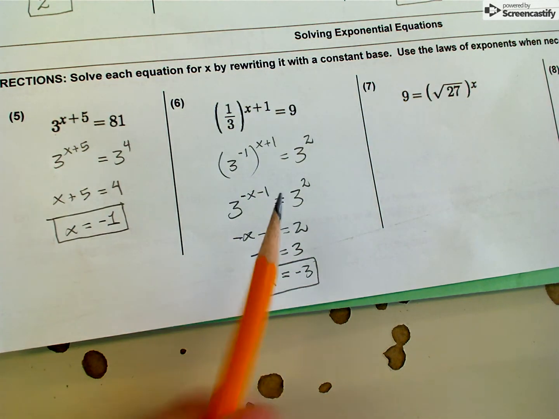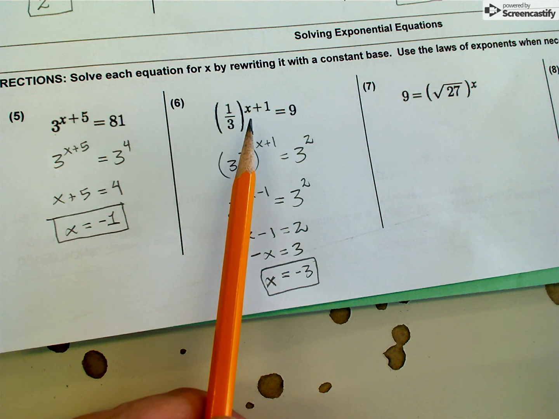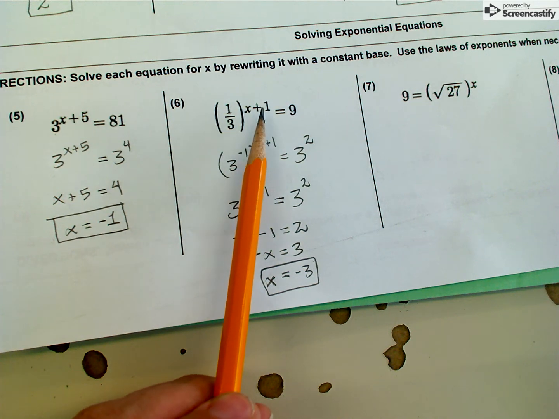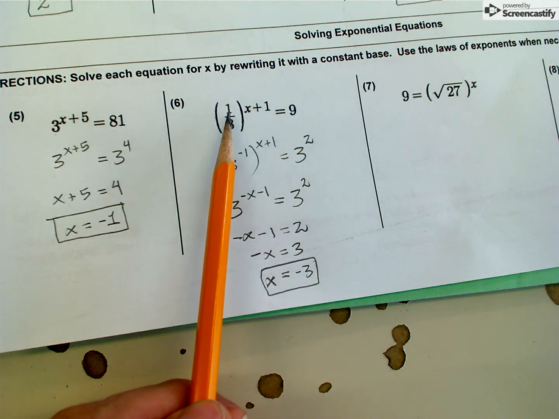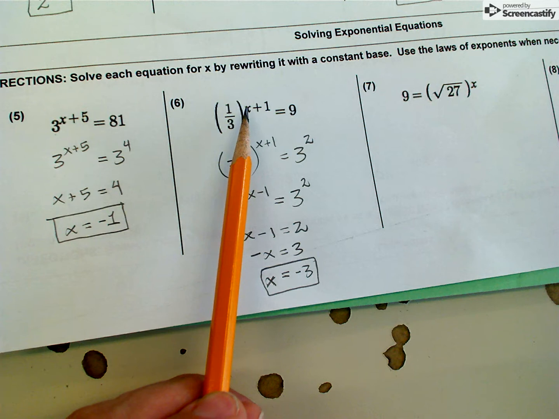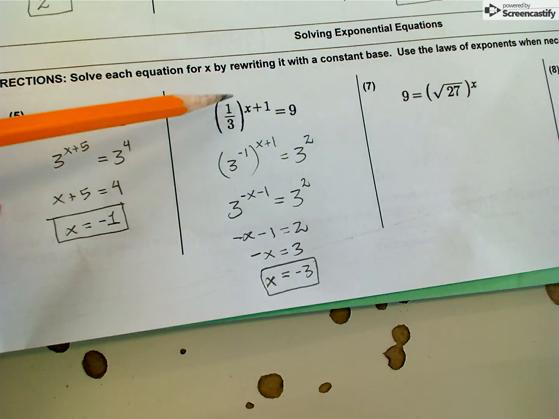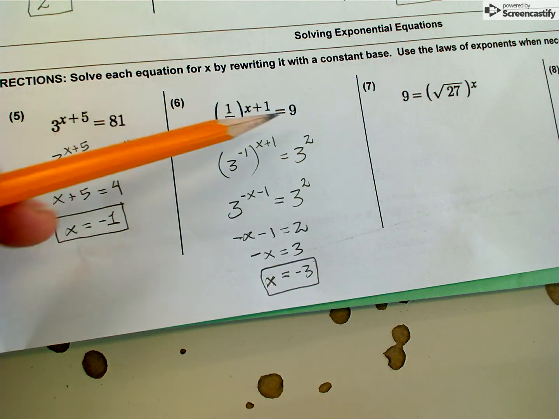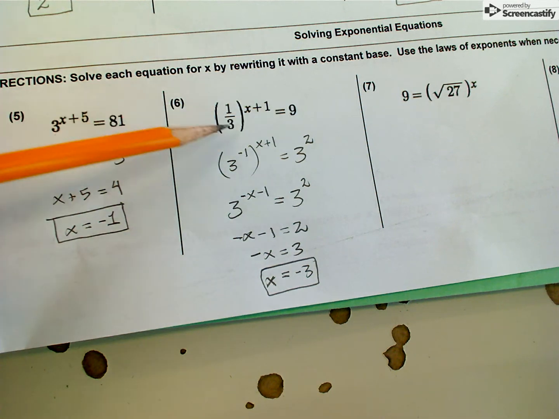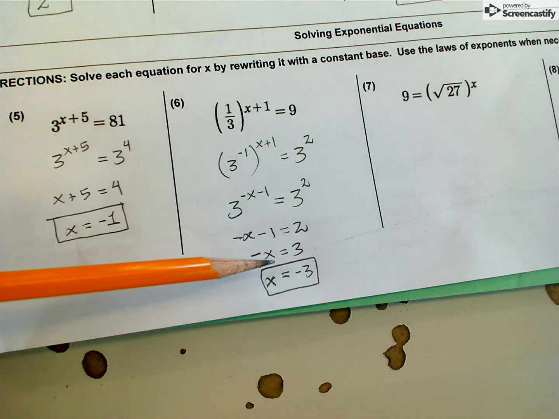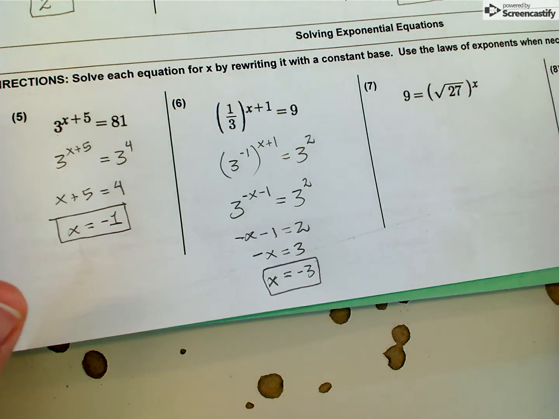Again, I can plug -3 into my original equation and just make sure that I got the right answer. -3 plus 1, that's -2. And so if I raise 1/3 to the -2nd power, that's the same thing as raising 3 to the +2nd power, which of course gives me 9. So I have to do a little thinking in order to confirm that my value of x is correct, but it is.